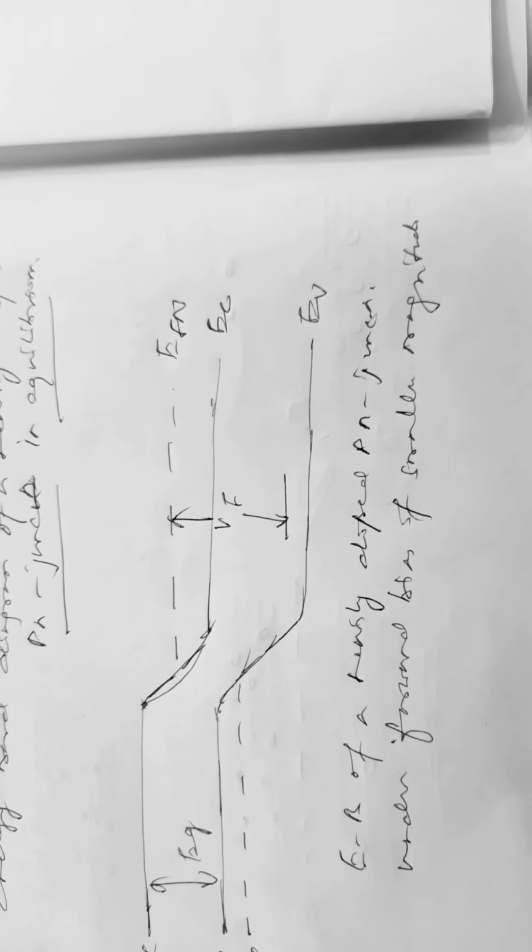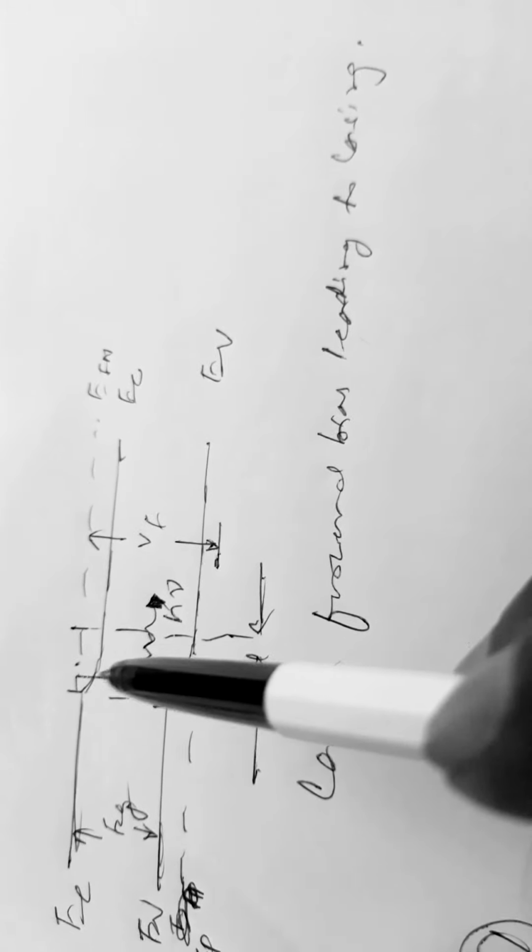As a result, the region D over here contains a large concentration of electrons within the conduction band and a large concentration of holes within the valence band. This is the condition of population inversion which is required. Until this happens, lasing action will not take place.